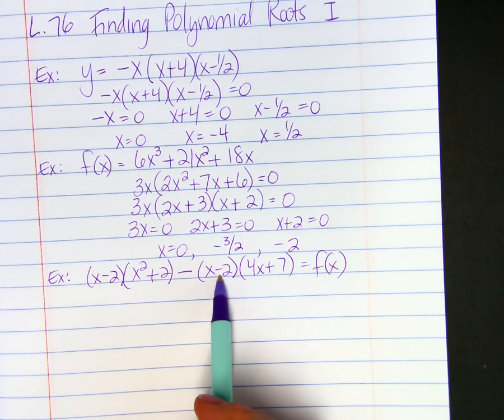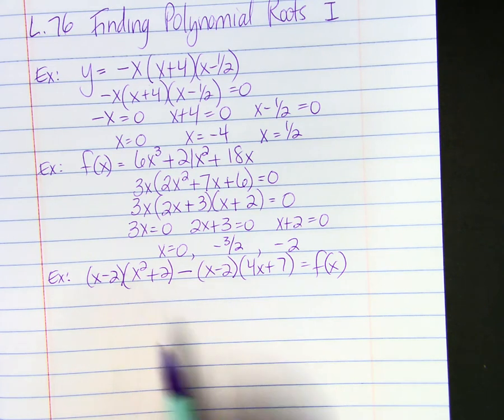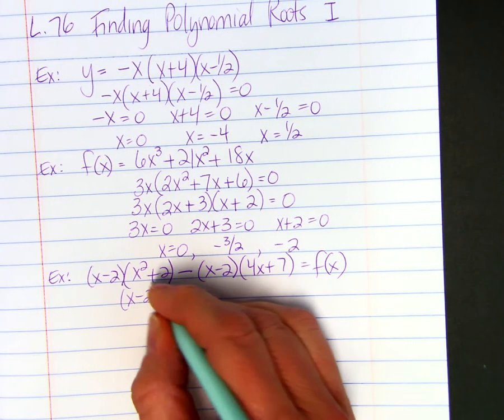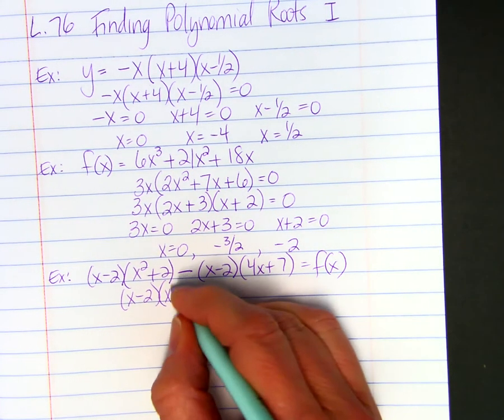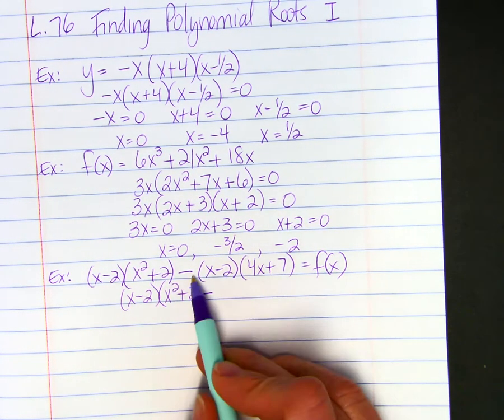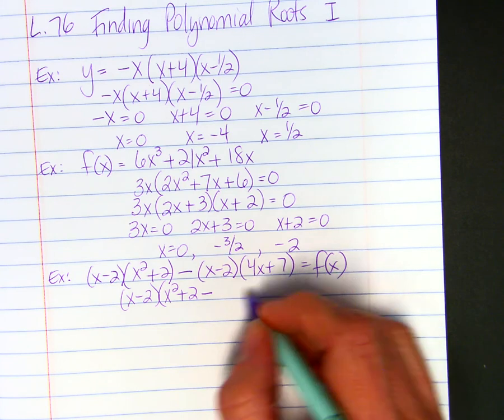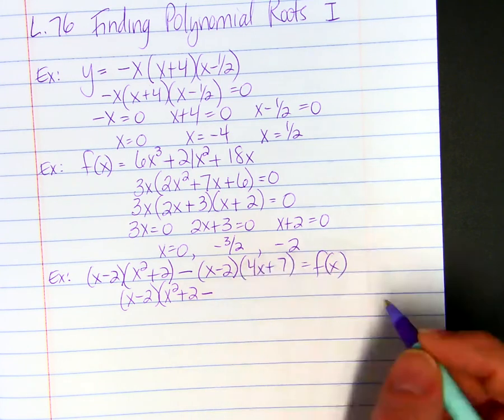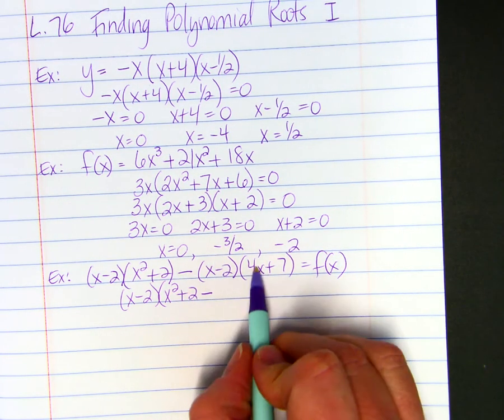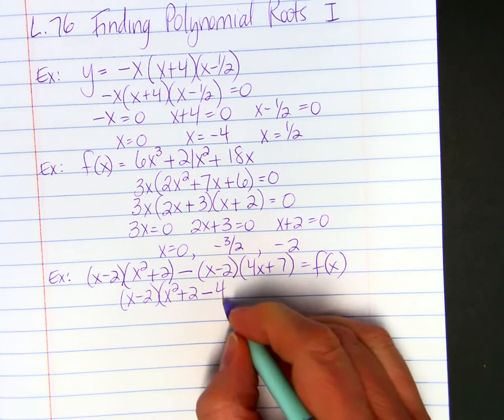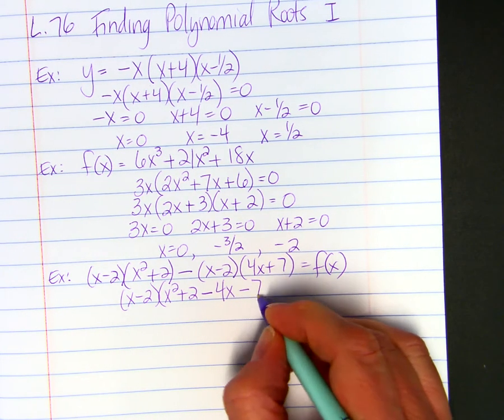So we're going to factor out an x minus 2, and we're left with x squared plus 2 minus 4x plus 7. We have to distribute our negative here. So minus 4x minus 7.